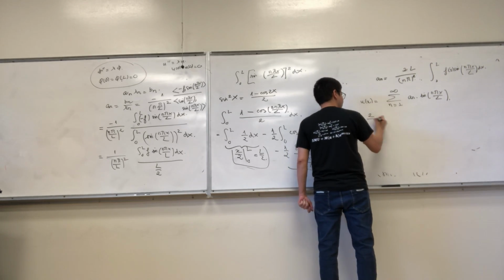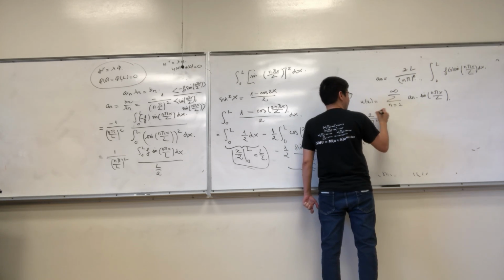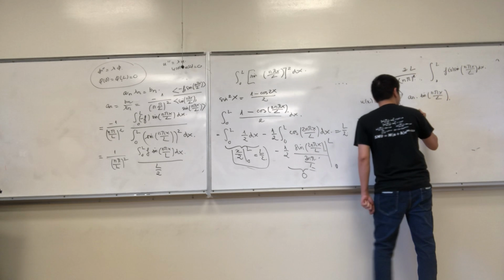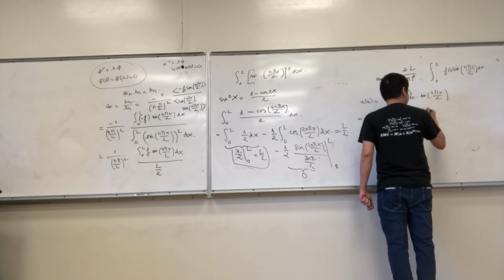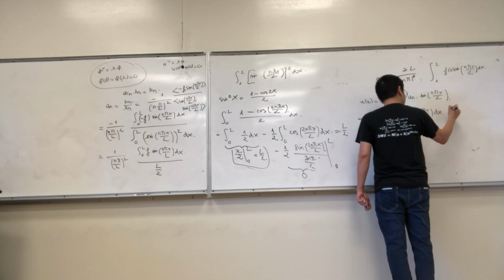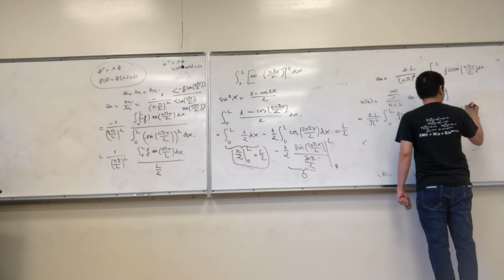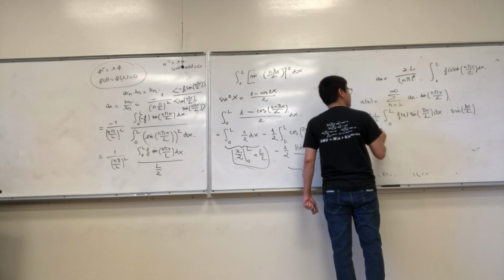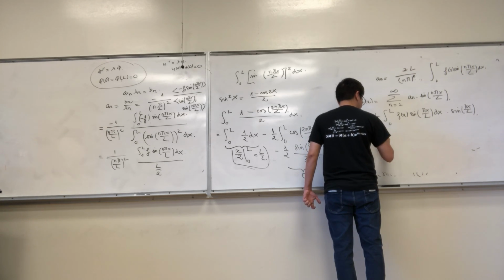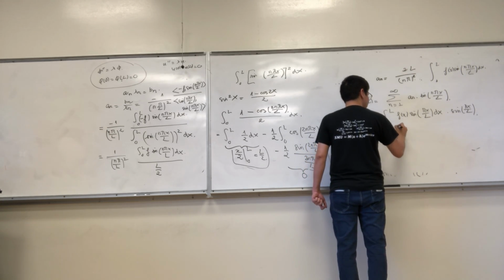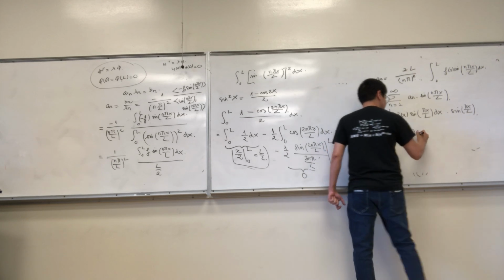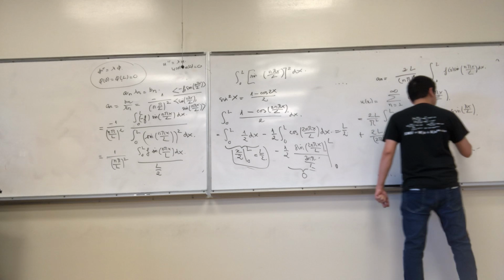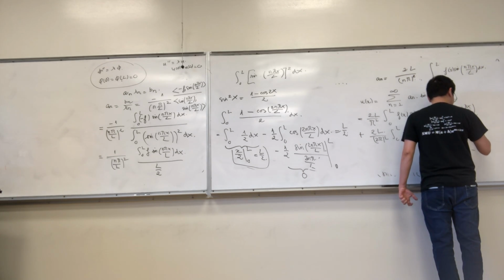So you have 2 over pi squared L integral from 0 to L of f(x) sine of pi x over L dx times sine of pi x over L, plus 2 over 2 pi squared integral from 0 to L f(x) sine of 2 pi x over L dx sine of 2 pi x over L.